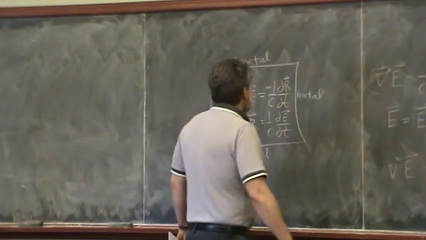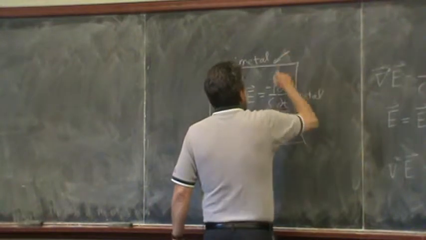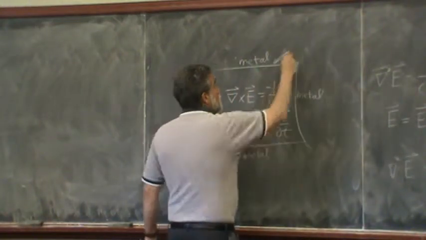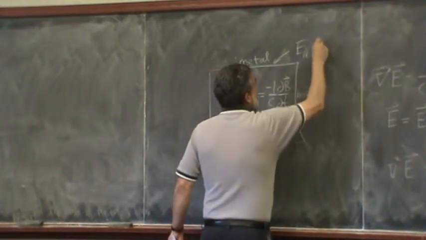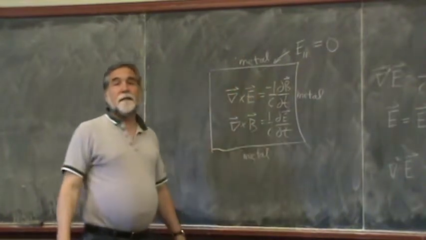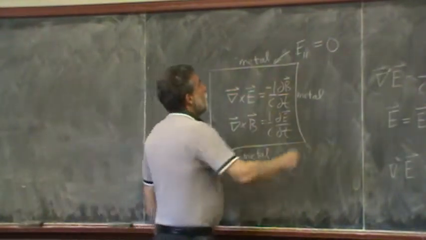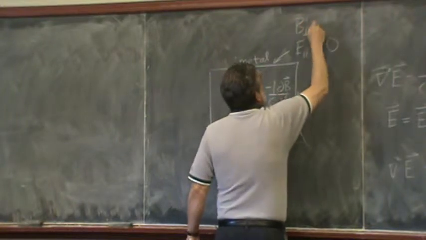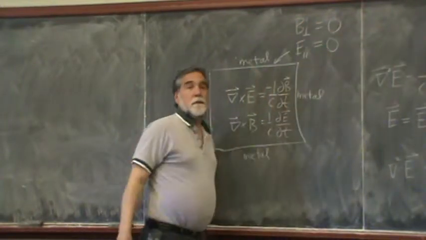And that tells you that at any one of these boundaries, the electric field parallel to the boundary is 0, and the magnetic field perpendicular to the boundary is 0.